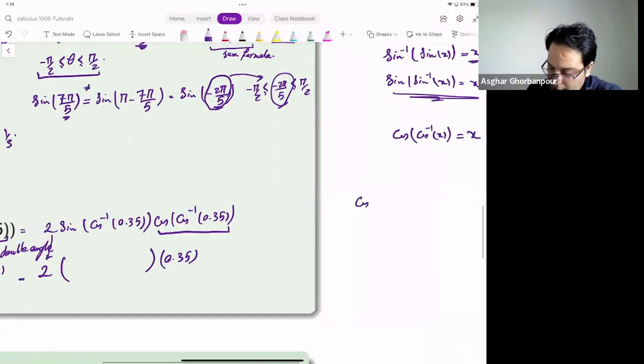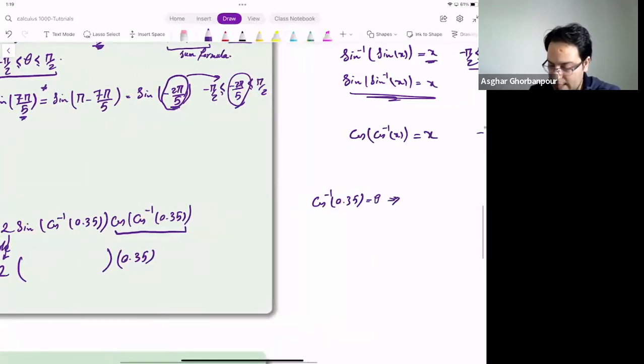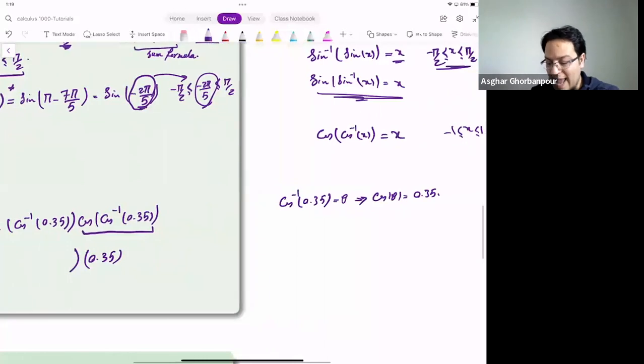You see, cosine inverse of 0.35 is an angle, and by this, we know that cosine of theta is equal to 0.35. Since this is positive, theta will be in the interval 0 to pi over 2.